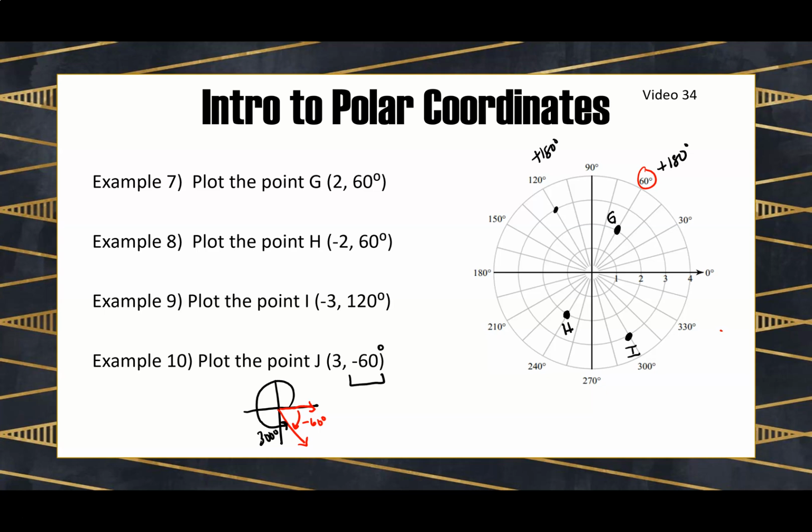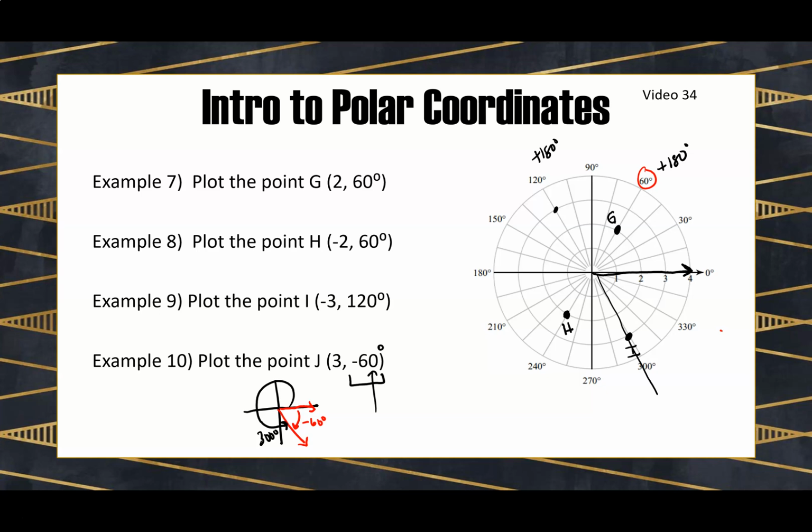All right, so keeping that in mind, there's a couple ways to do it. You could convert this angle, if you wanted, into a positive one, but I don't like that way. I like to go down. So what I mean by that is I know that I'm going to be kind of starting here, but I'm actually going to go down 60 degrees. So this is down 30 degrees and then down another 30 degrees. So clearly -60 would be on this line right here, right?